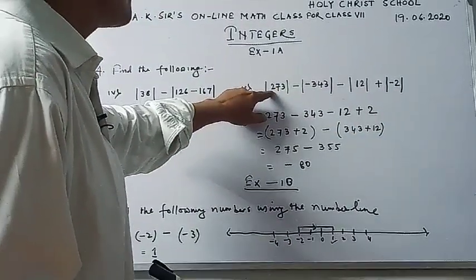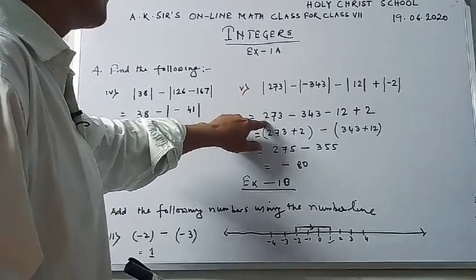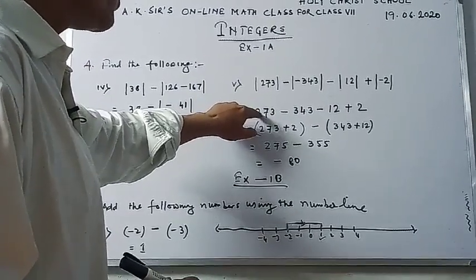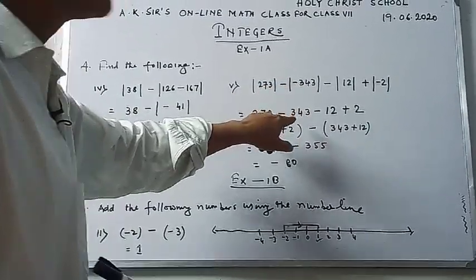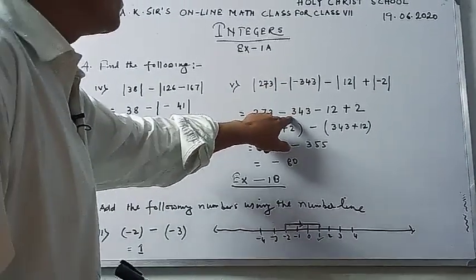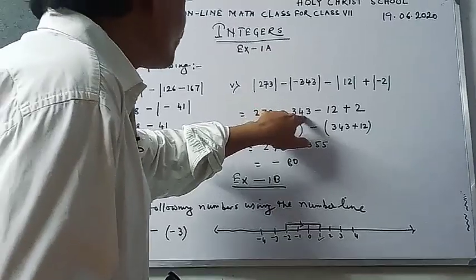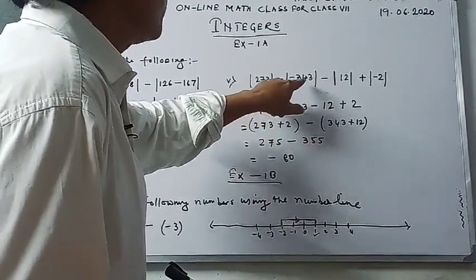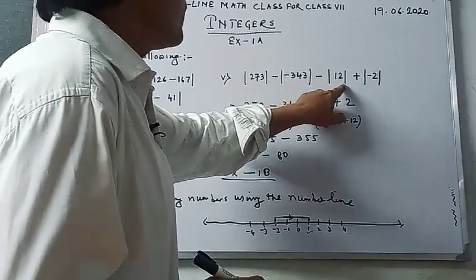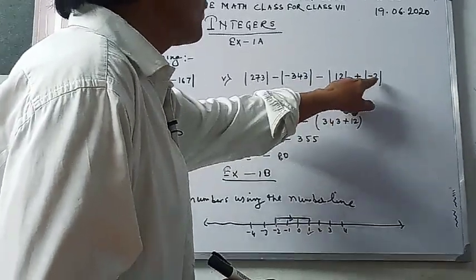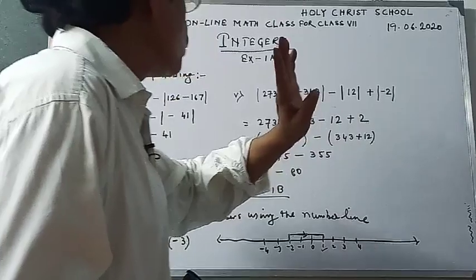Absolute value of 273 is 273 only, it is the whole number. Absolute value of minus 343 is 343. You have to take only whole numbers. Absolute value of 12 is 12. Absolute value of minus 2 is only 2.